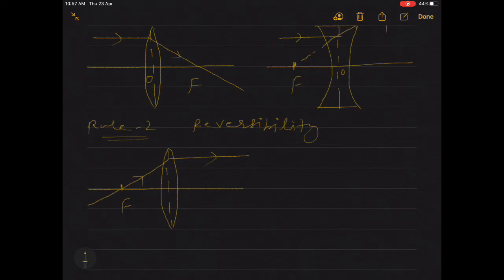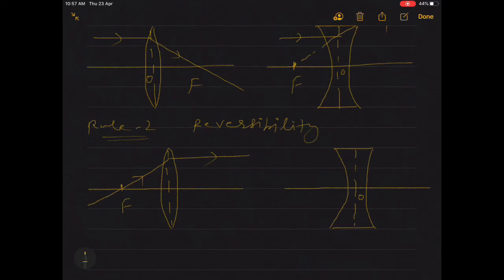While in case of concave lens, be very careful, because a very simple mistake is committed by students most of the time. That's why I have used only a single word, reversibility. So just see, the ray was not passing through the focus.